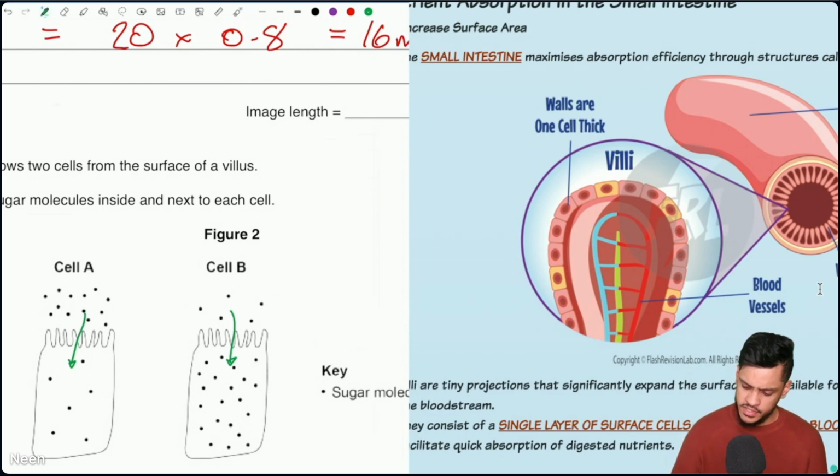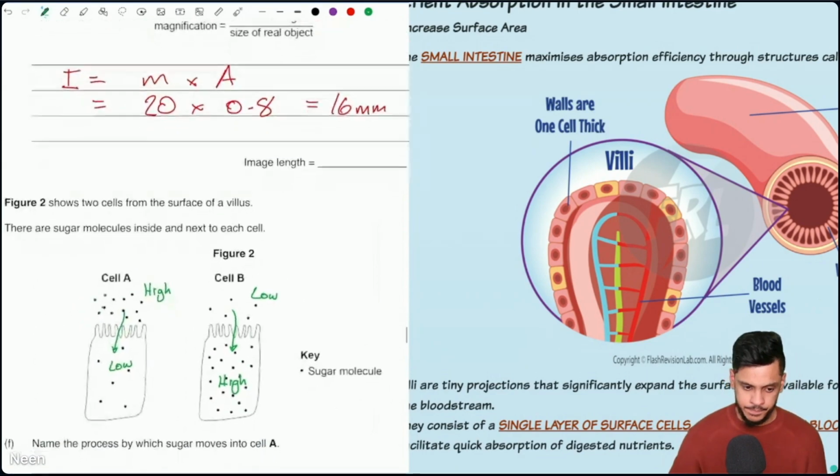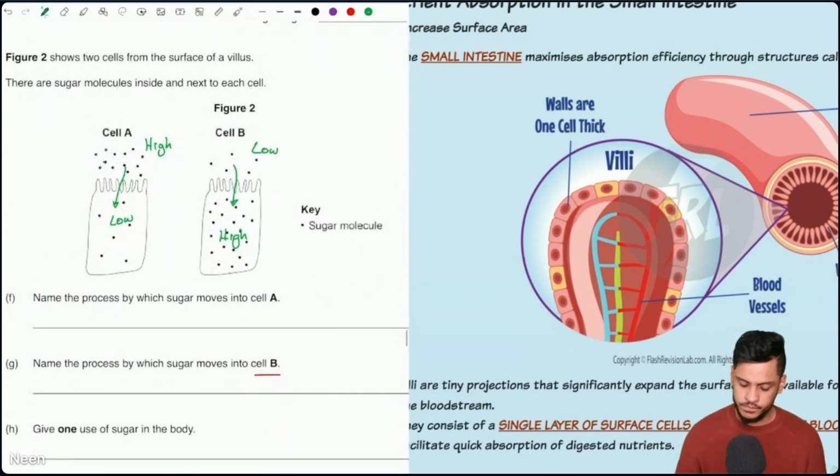So here you can see there's loads of sugar particles. So we've got a high concentration. Here we've got a low concentration. Whereas in cell B, we've got a low concentration outside and a high concentration inside. So what are we talking about here? So cell A is high to low.